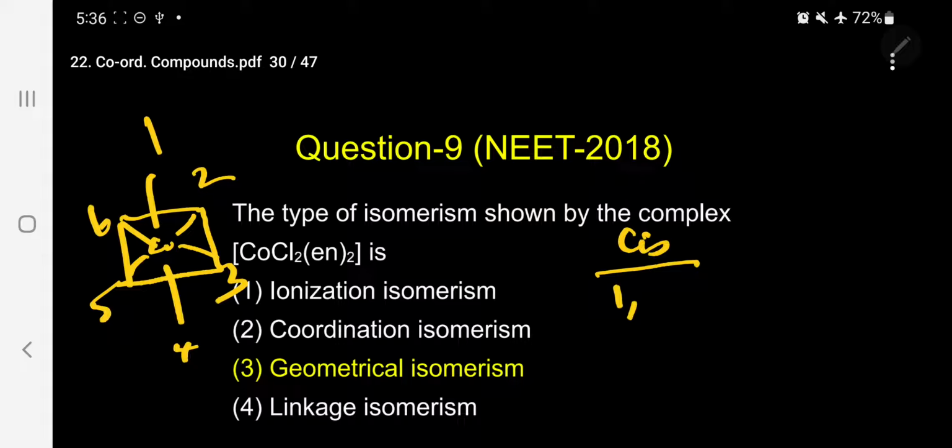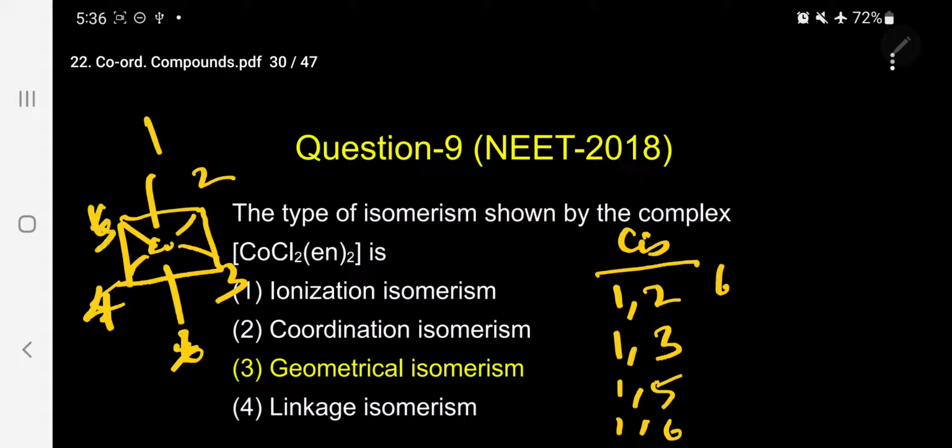The cis pairs are 1,2; 1,3; 1,4; 1,5, but not 1,6.